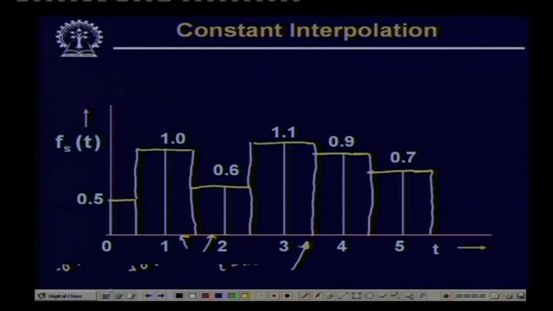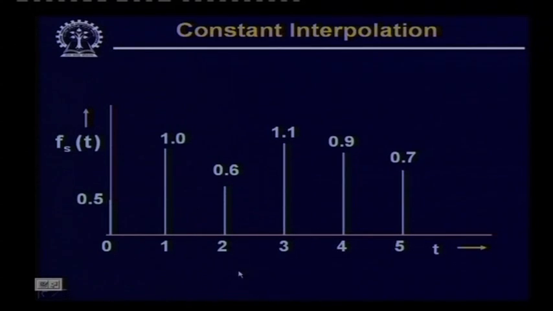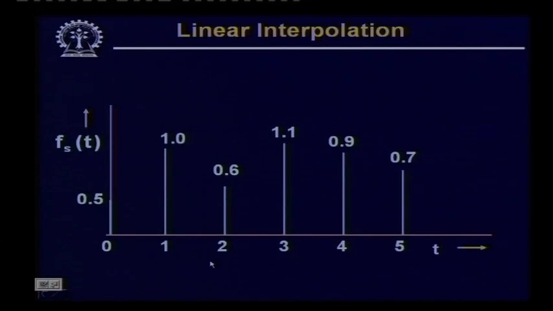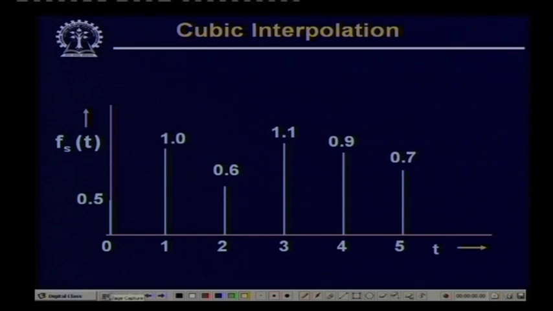Similar is also the case for linear interpolation. In case of linear interpolation, when I consider the value of P 0, what I do is, I consider B minus 1 to t, and B minus 1 to t is something like this.